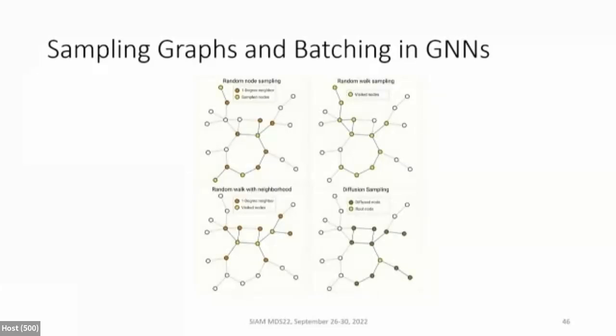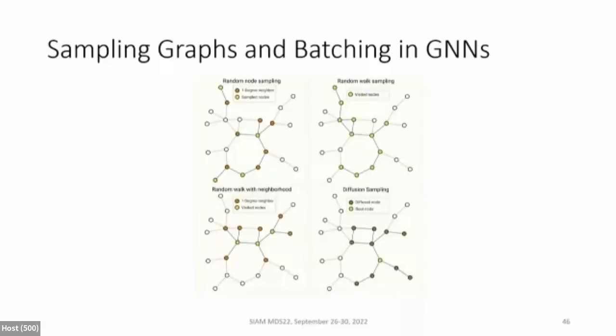So one idea, especially for graphs that do not fit into main memory, is to sample the graph and just use subgraphs to train the model.